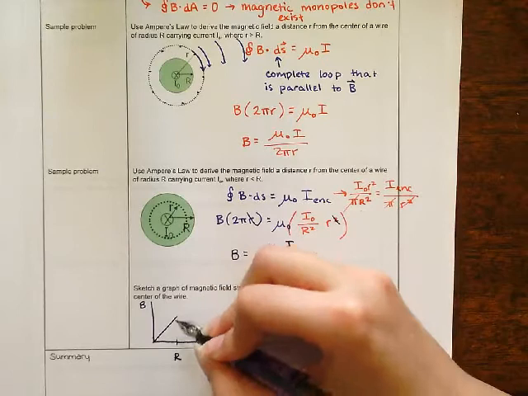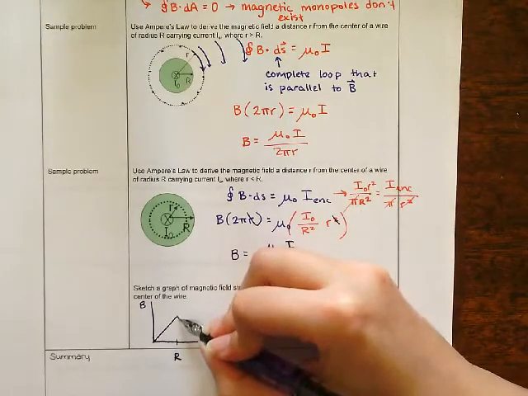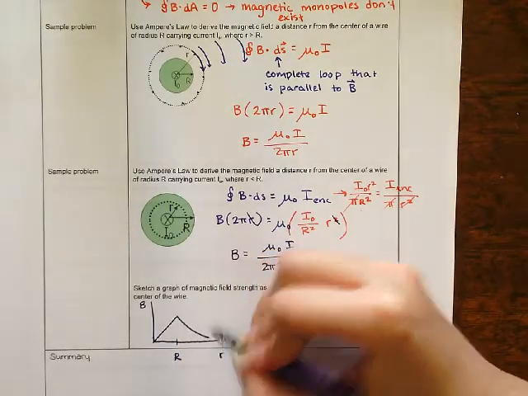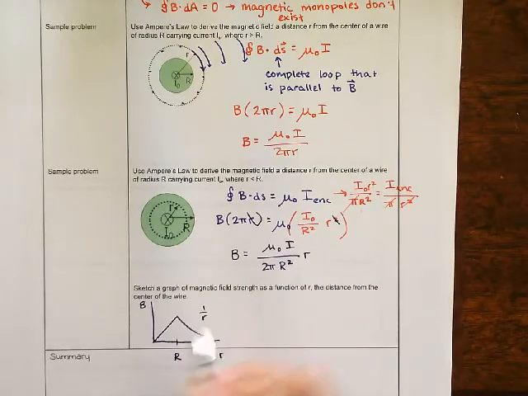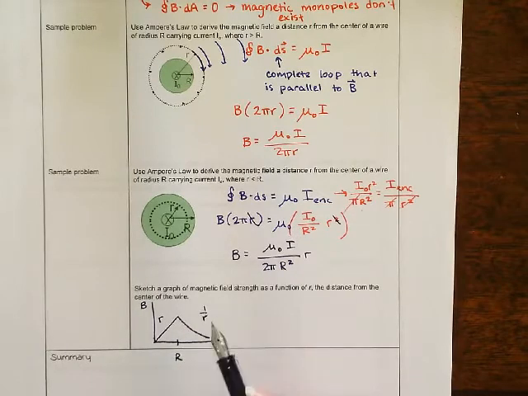And then once we are outside of the wire, that magnetic field is going to decrease in strength like 1 over r. Okay, so magnetic field is directly proportional to the radius while you're inside the wire, and it is inversely proportional to the distance from the center of the wire if you are looking at the outside.